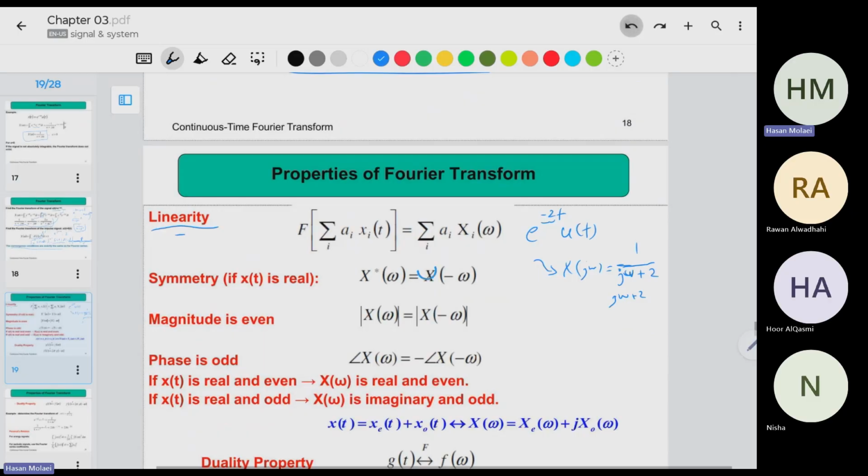So if I multiply this one by a coefficient 5, 5 e to the power of minus 2t, what would be the Fourier transform? Because that's linear, yes. If you multiply input by a factor, the output or its transform should be multiplied by 5. If I have e to the power of minus 2t u(t) plus e to the power of minus t, not plus, minus.